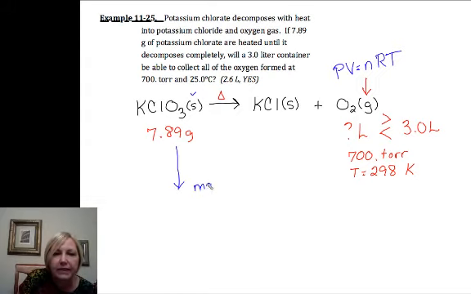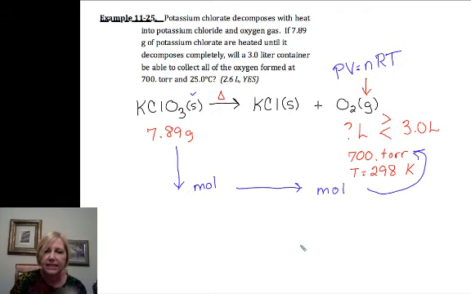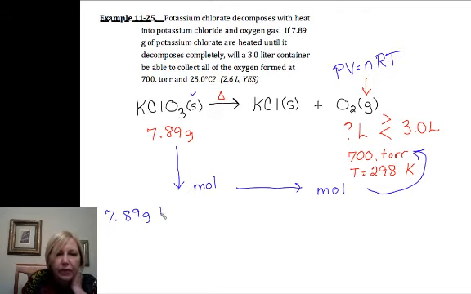We've got to go mass to moles, and then we want to go moles to moles, and then we're going to have to hop out of the dimensional analysis to do the formula. So mass to moles, use molar mass, 7.89 grams of KClO3. Often, if you notice now we're giving you molar masses, you'll only have to calculate it once or twice on a test.